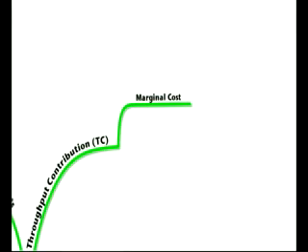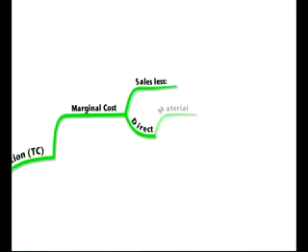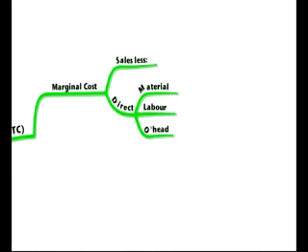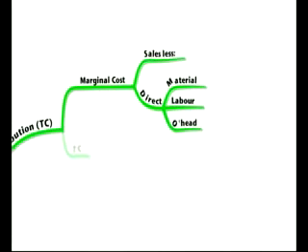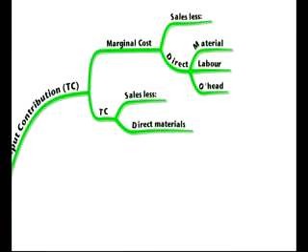Throughput contribution then. Well, when we're talking about marginal costing, we said that our contribution is sales less direct material, direct labour and direct overheads, i.e. sales less variable costs. With throughput contribution, it's sales less direct materials. It assumes that your direct labour and your direct overhead are fixed in the short term. So we're looking at the very short term on this.